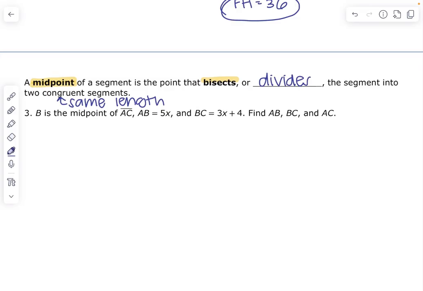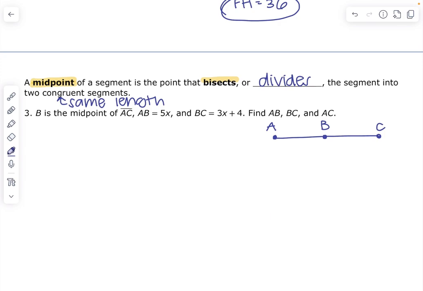That's a lot of words, and I feel like a visual would help here. So we're going to start by drawing ourselves segment AC. Okay. It starts off by saying that B is the midpoint of this segment, which means that B is right in between A and C, right? That AB, that length, is the same as the length of BC.